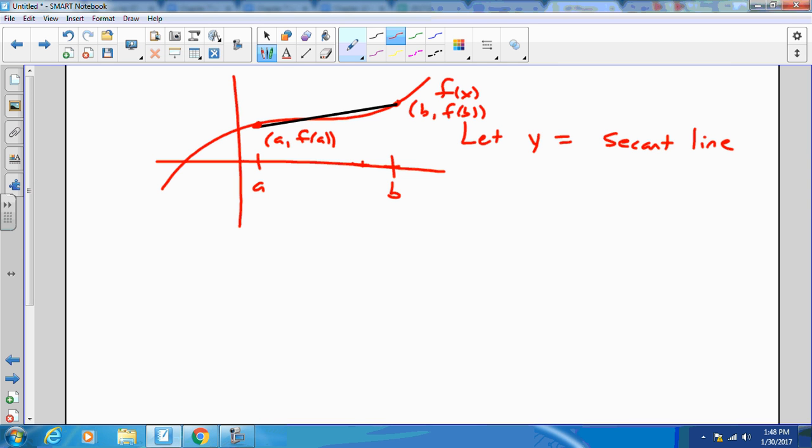This point is b comma f of b. And the slope is the average rate of change that we know and love. And for my point, I can choose either a, f of a or b, f of b. No matter which point I choose, I'm going to get the same result.